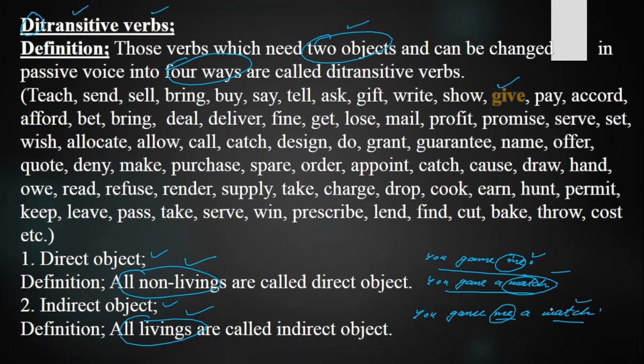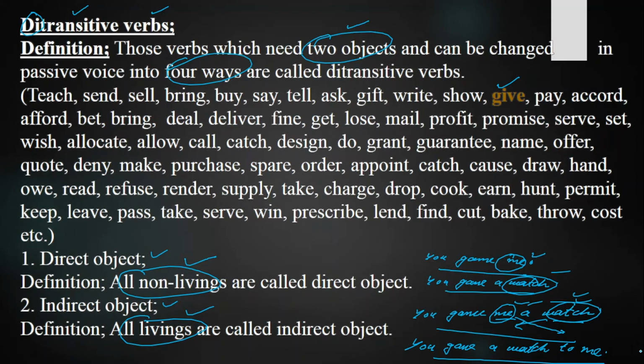So both objects need to be put in the sentence in order to make the sense clear. Now again, if you want to bring the direct object in the place of the indirect object, and the indirect in the place of the direct object, you need to use a preposition: you gave a watch to me. Now the sense is clear and complete in both sentences: you gave me a watch, you gave a watch to me.